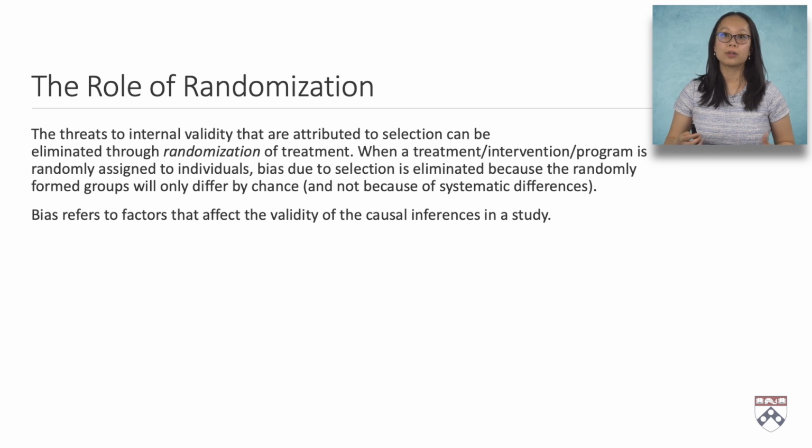If, for example, all the students were able to download the app by being given a tablet, and students were randomly assigned to receive the app or not, then the process of, one, giving every student the tablet already eliminates the challenges due to accessibility. And second, the process of randomizing some students to receive the app and others to not will essentially balance any of those other pre-existing differences between the students.